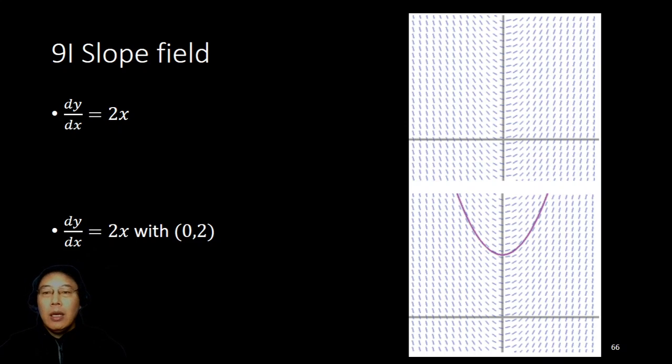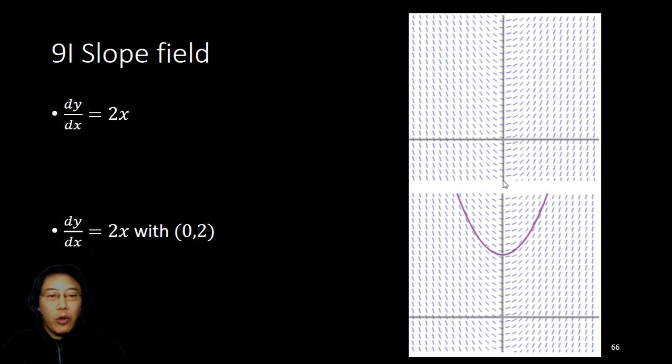Okay, in this situation, when you have a differential equation equal to just a function of x, what it means is for a specific value of x, the gradient is the same. So let's say I set x equals 0, dy over dx is equal to 0.